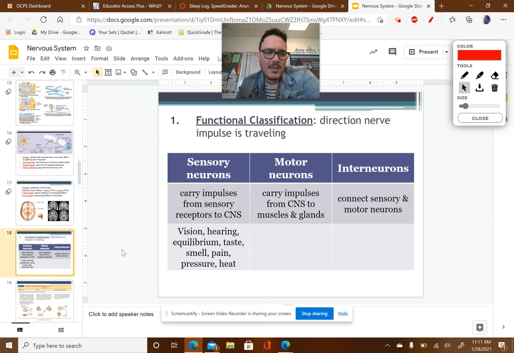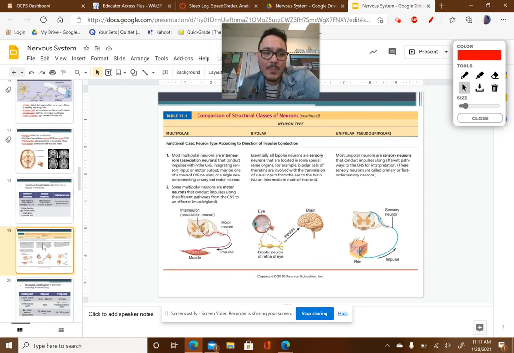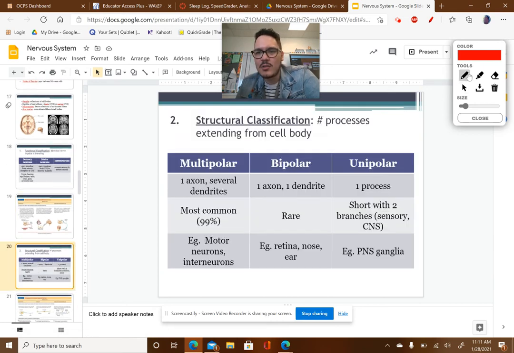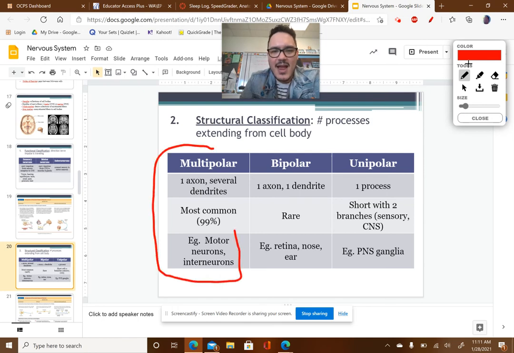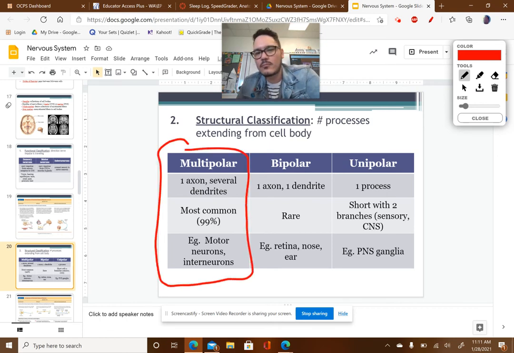So as long as you can recognize this, I think this wouldn't be too problematic for anyone, right? Here we see a little bit more about these types of neurons, and you can actually see up here what we're about to preview as far as the shape of the neuron. I'm not going to worry too much about learning the shapes of the neurons because 99% of the neurons are multipolar. So that's what we're going to spend most of our time with, right?